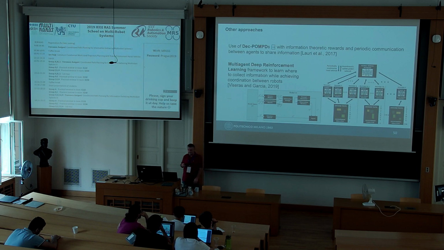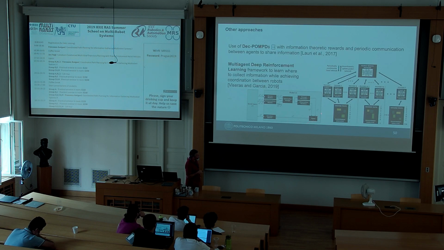This is a work that uses multi-agent deep reinforcement learning to learn how an agent can follow its path in a coordinated way with the other agents. So basically, this is how a robot is structured. The most important part is this module here, which is the agent.